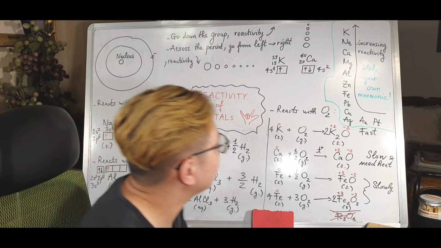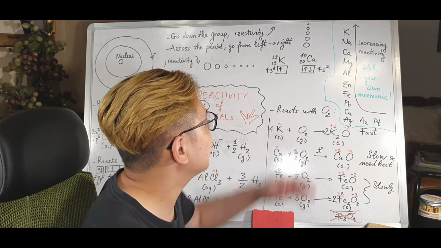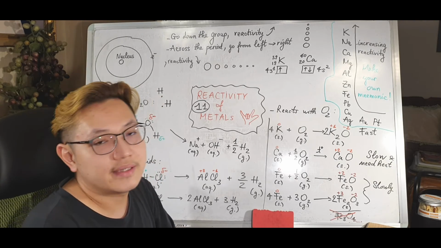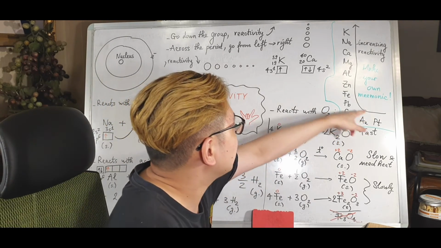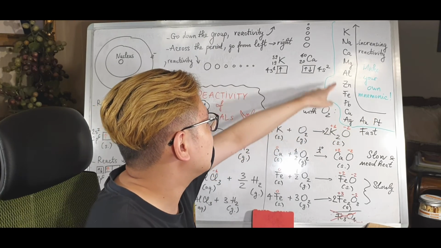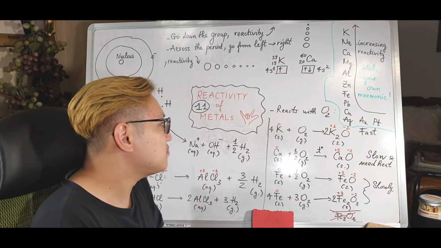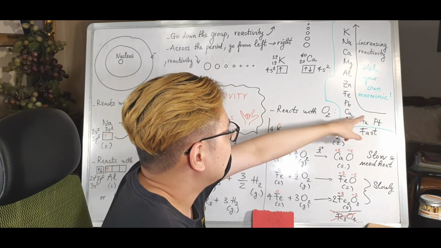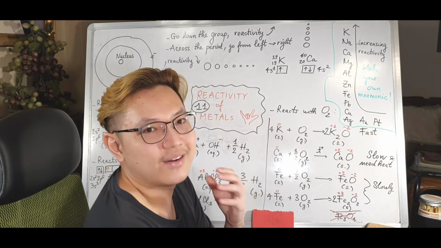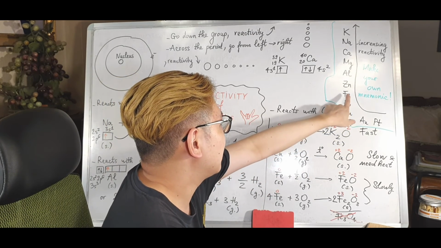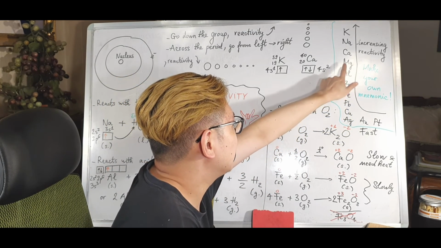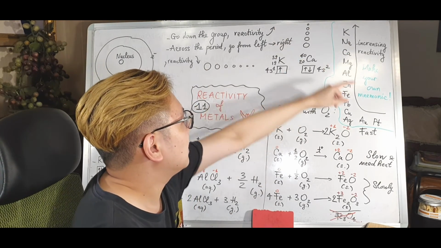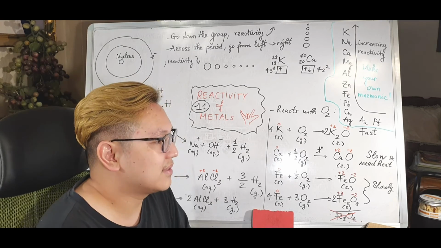I would like to go to something called the Reactivity Series of Metals. It's called that because they made it up so that we can see how the trends look. So, of course, heavy metals are not reactive, and as we go up it becomes more and more reactive. Potassium is the most reactive among them all. So how to remember this reactivity series?